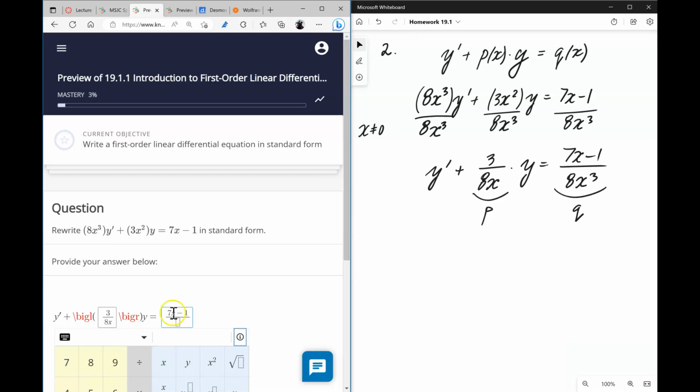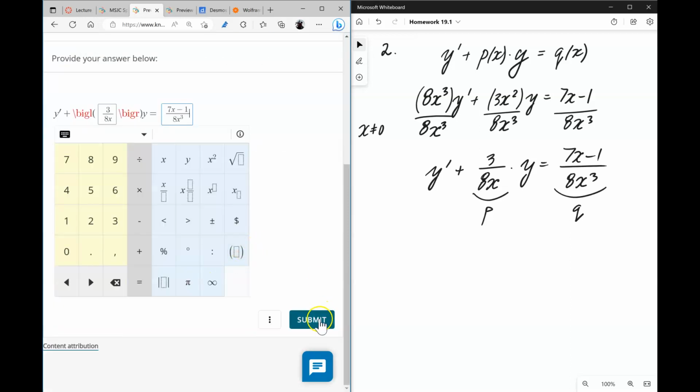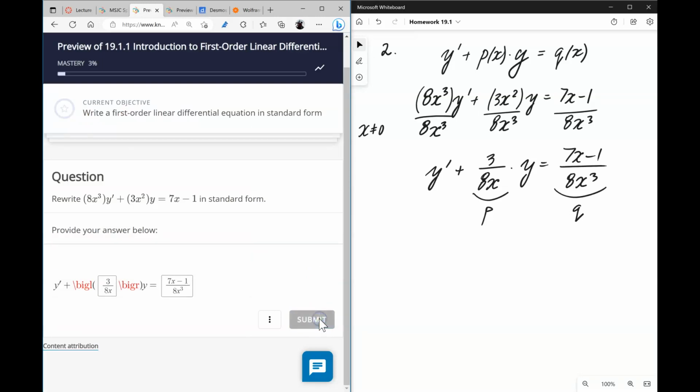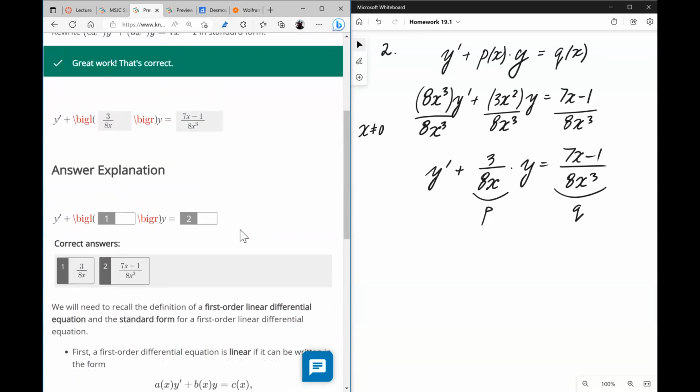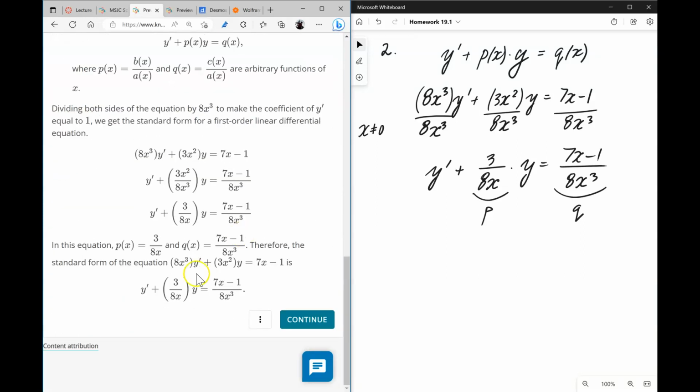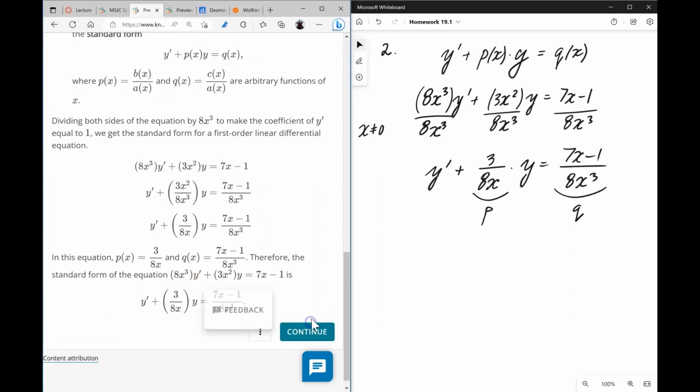And I need to report this little glitch with the code. And let's continue.